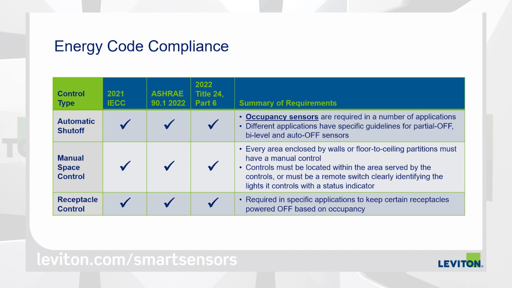Now again, a lot of the codes differ on this one, and a lot of the municipalities differ as to where they will allow you to have the switches actually within the room, or, as I pointed out, will allow you to have those external, outside of the room or in an area that is not necessarily readily accessible. And of course, receptacle control is becoming more and more the standard. Again, with the 2021 IECC, the template itself calls for the receptacle control. But I want to make sure you understand some of the municipalities have not adopted that yet.